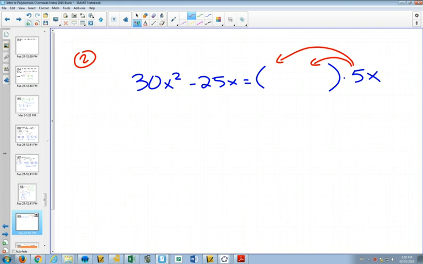Distribution. Now, if you were distributing the 5x and your answer was going to be 30x squared minus 25x, first of all, can you see that since there are two terms here, we're going to need two sets of arrows? What sign is going to be in between those two sets of arrows? A positive sign or a negative sign?